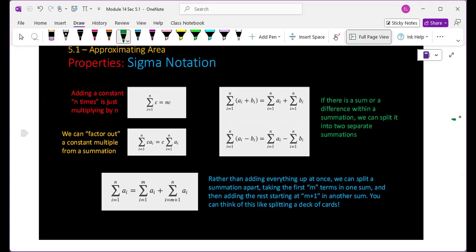And if convenient, we can split the sigma into 2 sigmas. So we could do something like, if this is from i equals 1 to 100, we could say, well, let's go from i equals 1 to 10, and then 10 plus 1 is 11. So we'd start i equals 11 to 100. Sometimes they use i instead of k for the index.